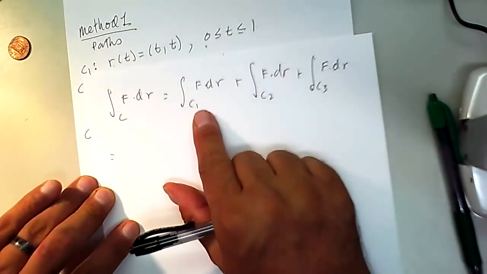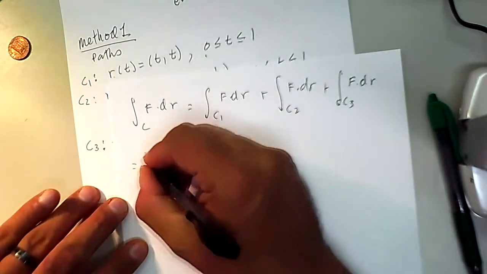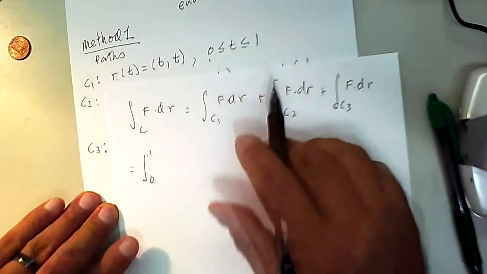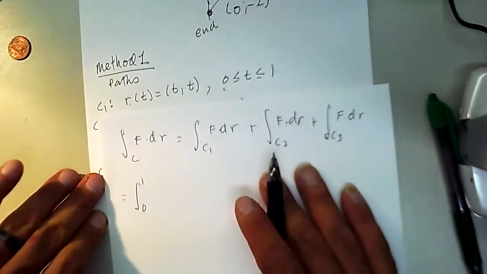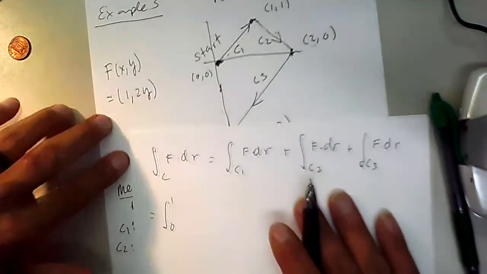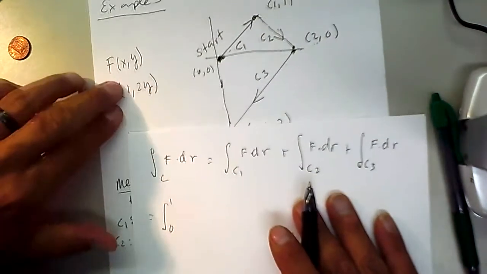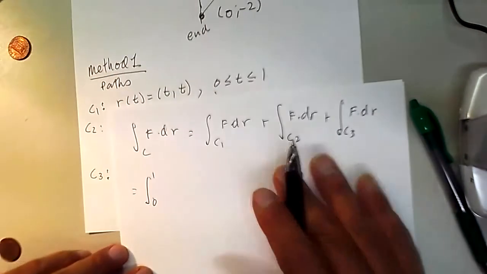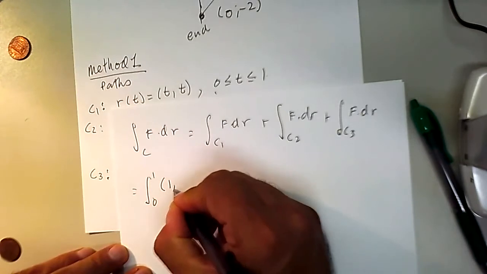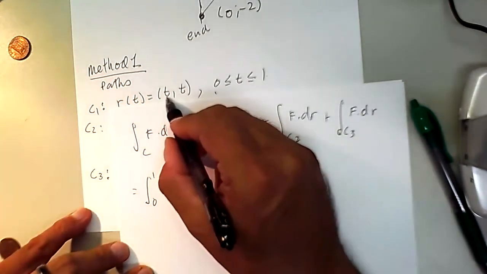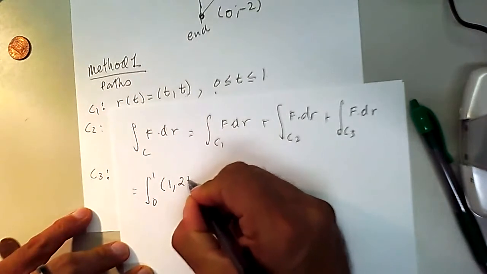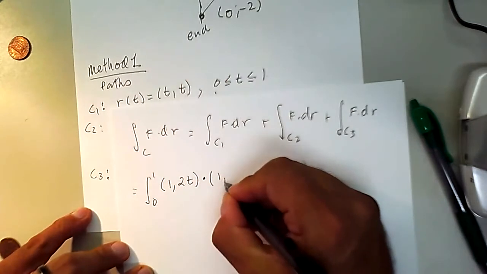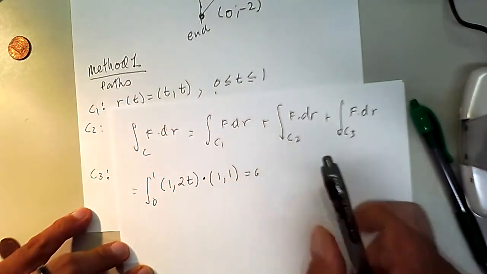And the first integral is from 0 to 1 because we picked that to be the parameter boundaries of, remember the vector field is 1 comma 2y. So again, 1 comma 2y. So we have the vector 1 comma 2. In this path, y is t. And then we dot it with the derivative of the path itself, 1, 1.